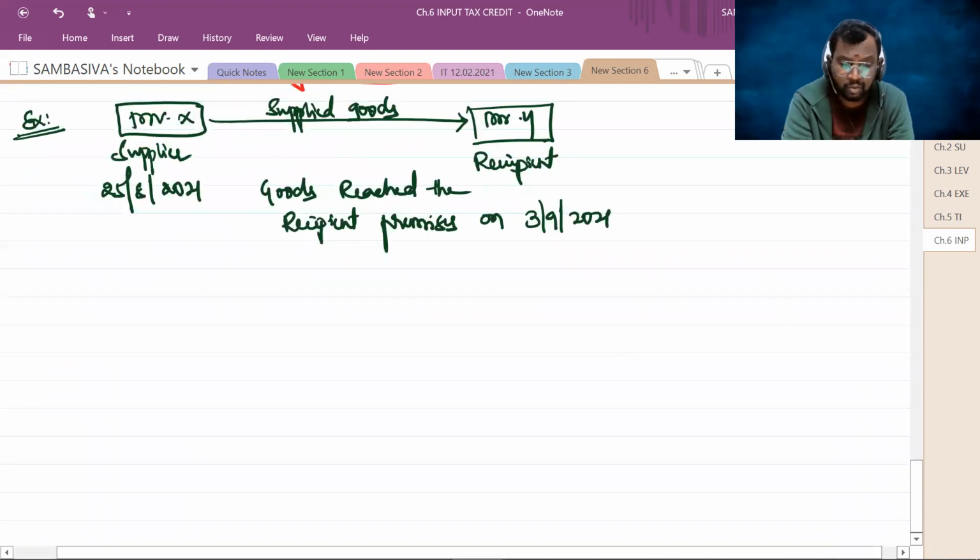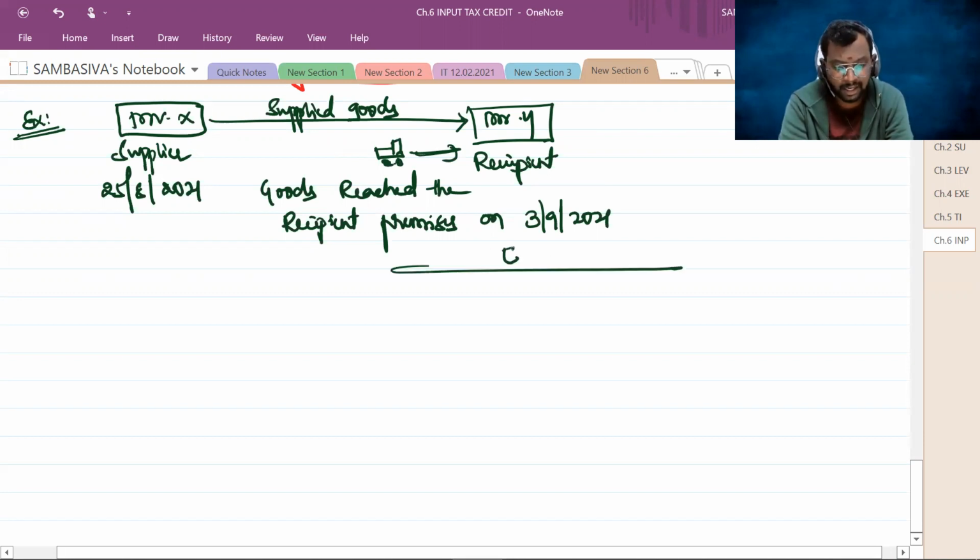So as and when the goods entered into the recipient's premises, as and when the truck entered into the recipient's premises, then immediately the recipient can avail input tax credit in his electronic credit ledger account. In his electronic credit ledger account, he can pass a credit entry of input tax credit, let it be 10 lakhs rupees.